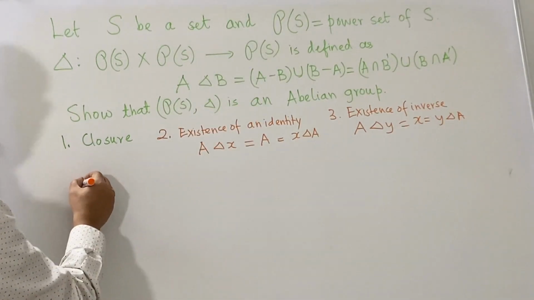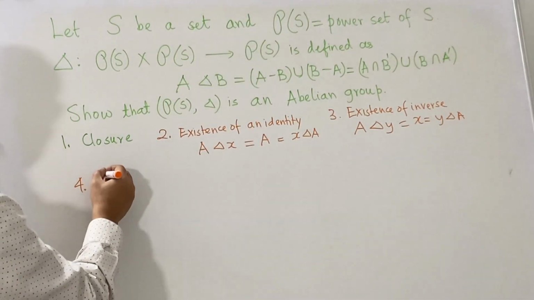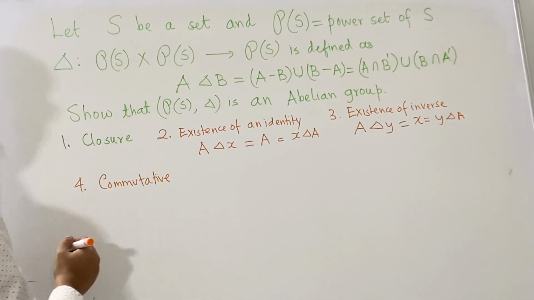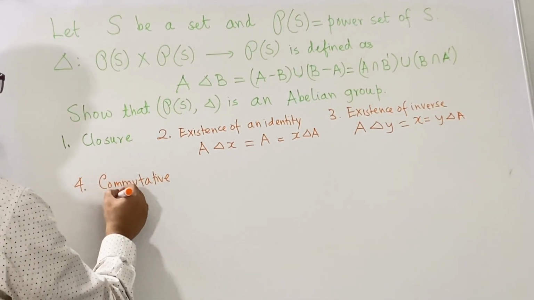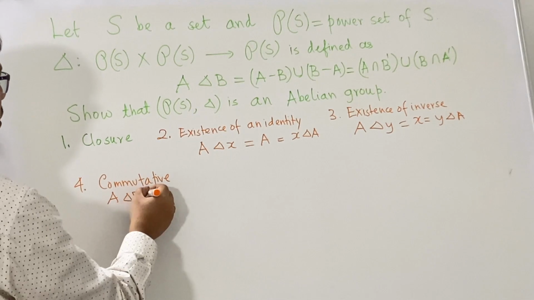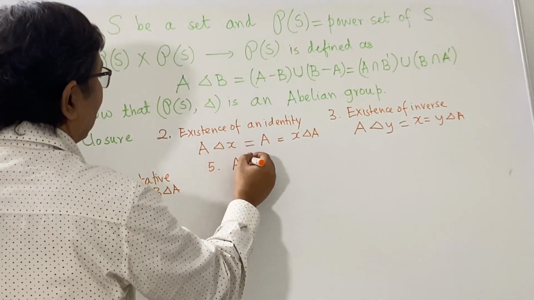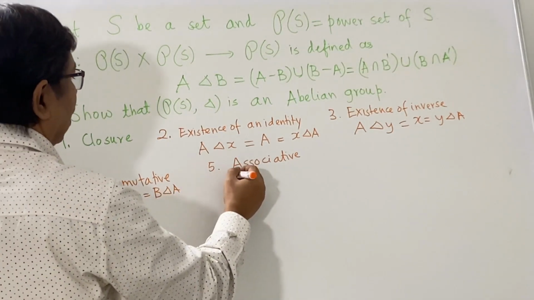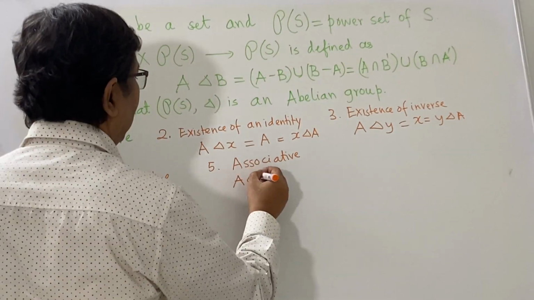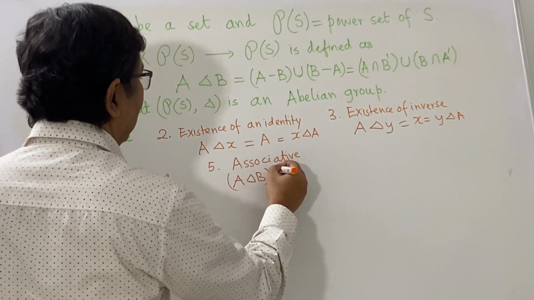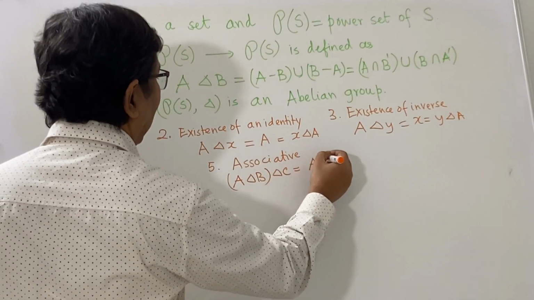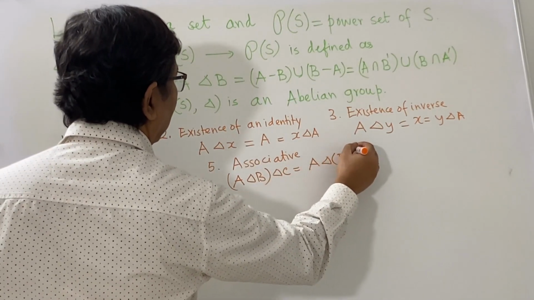The fourth property that we will prove is commutative. That means that A delta B is equal to B delta A, and of course associative, that is (A delta B) delta C is equal to A delta (B delta C).